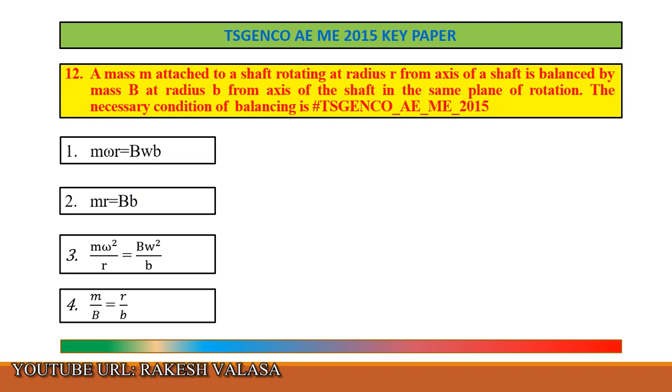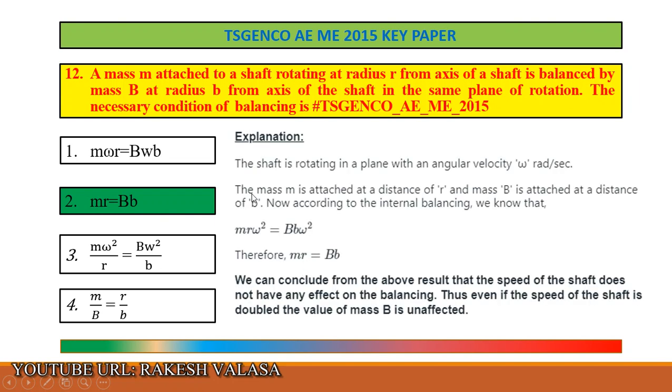The correct answer is option 2, that is M r equal to capital B into small b. Let us see the explanation. The shaft is rotating in a plane with an angular velocity omega radian per second. The mass M is attached at a distance of r and mass capital B is attached at a distance of b.